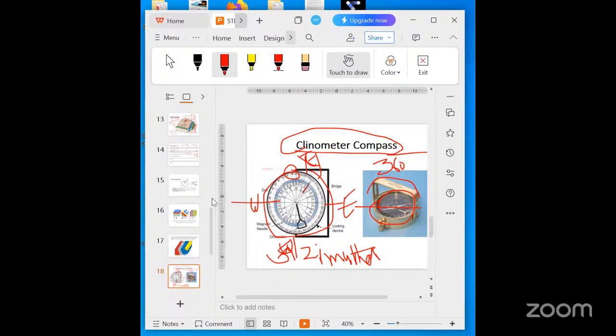It has a magnetic needle, this black one, which rests in the north-south direction of the earth when set free. So the desired direction is read on the dial with the help of the north-marked end of this magnetic needle.